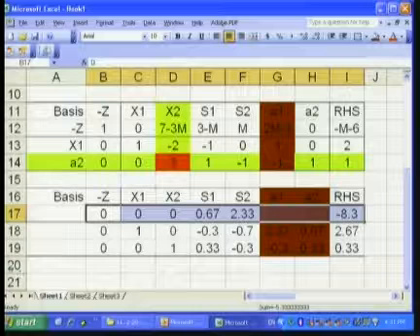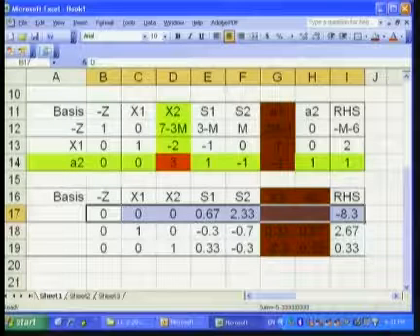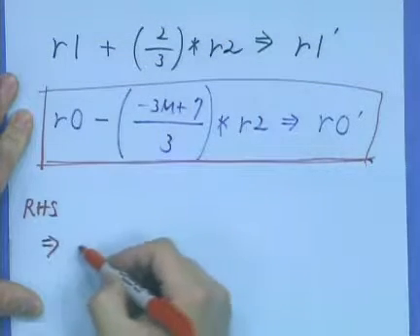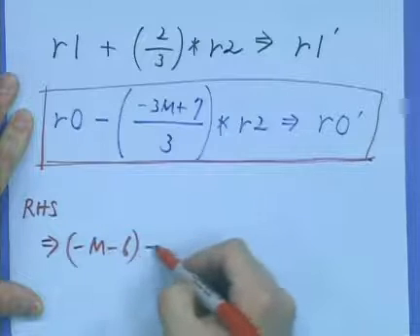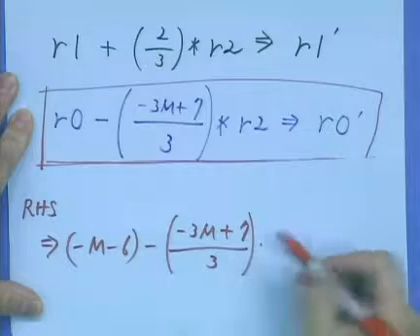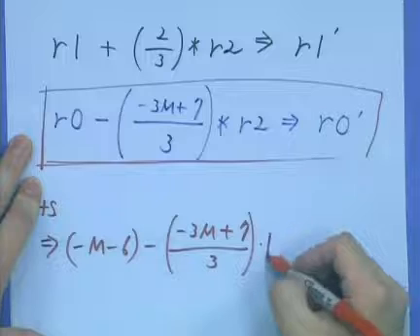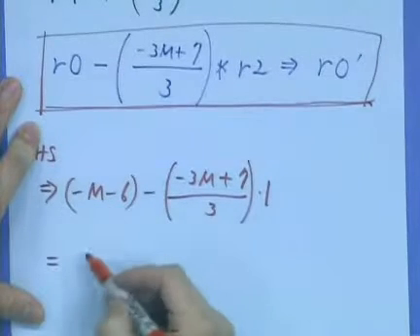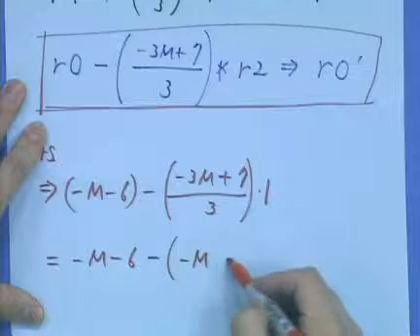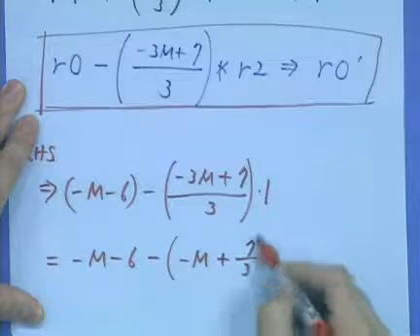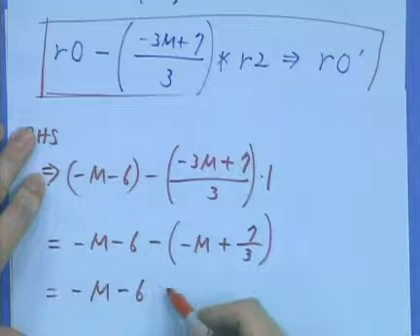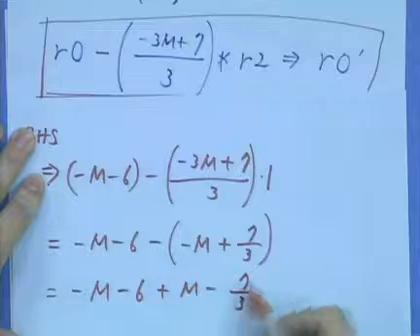So, for example, if I want to get the right-hand side value for that, then it's going to be negative m minus 6 minus negative 3m plus 7 divided by 3 times the last row, which is 1, right? So that's going to be negative m minus 6 minus negative m plus 7/3, right? This is going to be negative m minus 6 plus m minus 7/3, right?